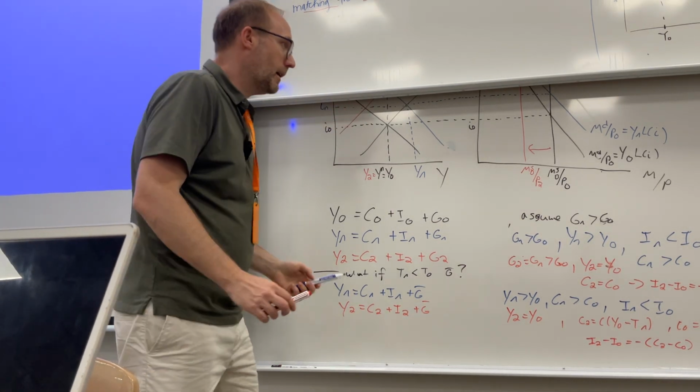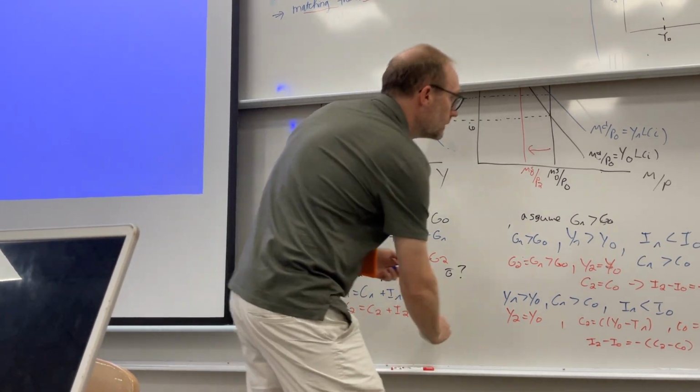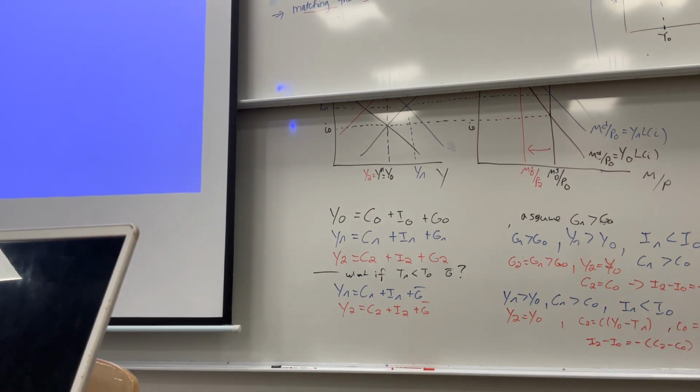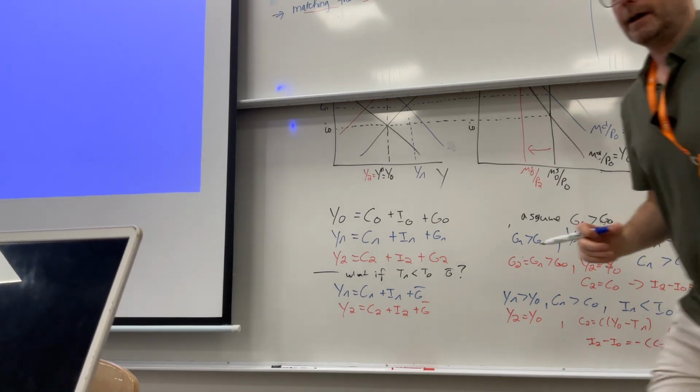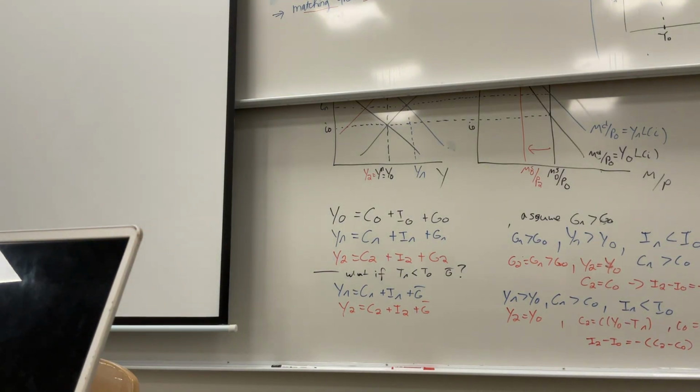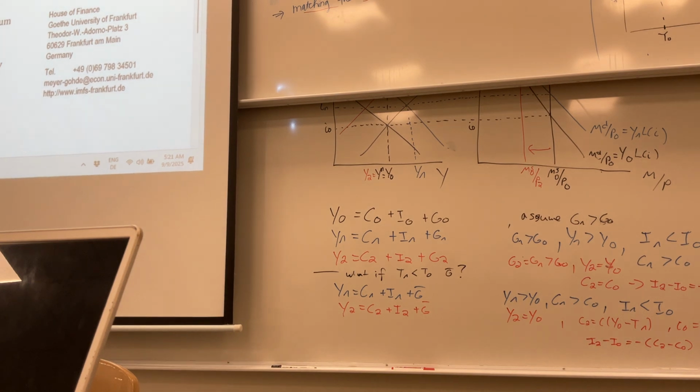We also talked about what if we have a consumption function that depends on the interest rate, because we did talk about that, and that's certainly a good possibility. What would happen then? I think we can maybe figure that out.